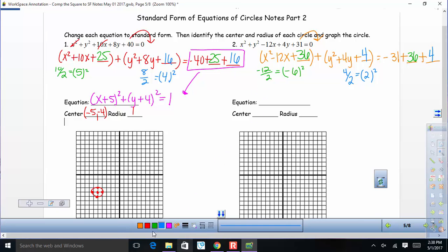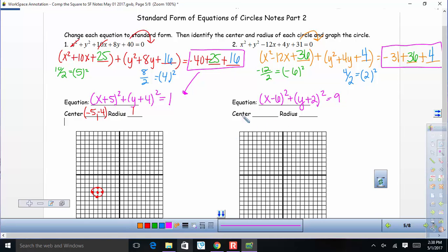All right. Then we write our equation. So what number goes in parentheses with x? Negative 6 squared. Plus what number goes in parentheses with y? Plus 2 squared, okay? And then we do negative 31 plus 36 plus 4, and that gives us 9.